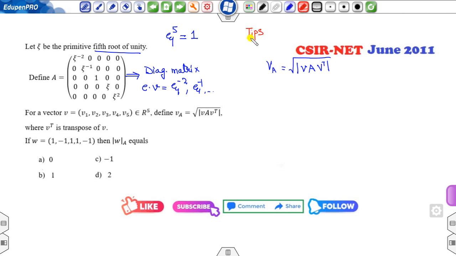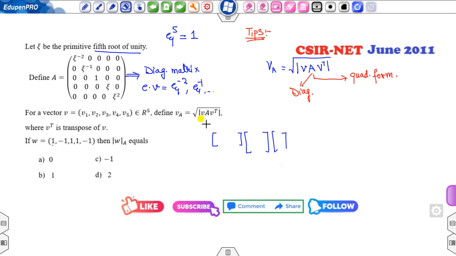Very simple. First of all, you can see this bracket is a quadratic form. Now A is a scalar, or you can say A is a diagonal matrix only. Then there is no need to write this as V or W. Otherwise you would write W, then the matrix A, then the transpose, then multiply and take the square root.